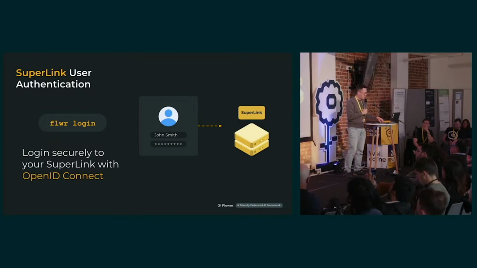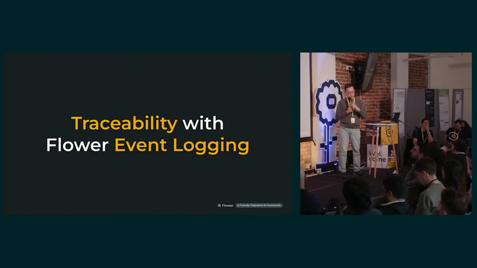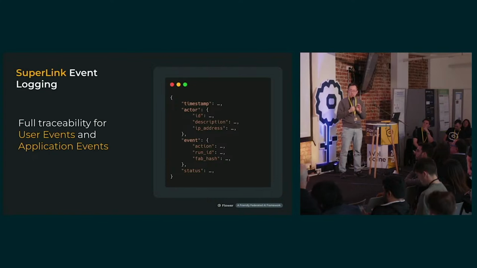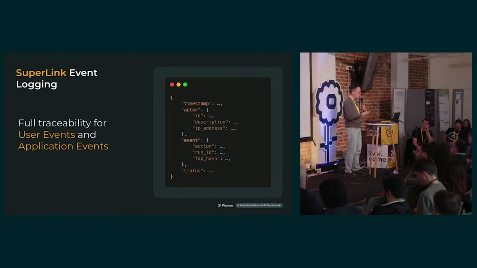Finally, we have traceability with Flower event logging. So there's quite a bit going on here. What this is about is that in a superlink, we have enabled a feature such that you can track all of the user events and application events that happen on a superlink. An example of this is that we are displaying the events in a JSON format, and all of this can be captured downstream in your log capturing tool.